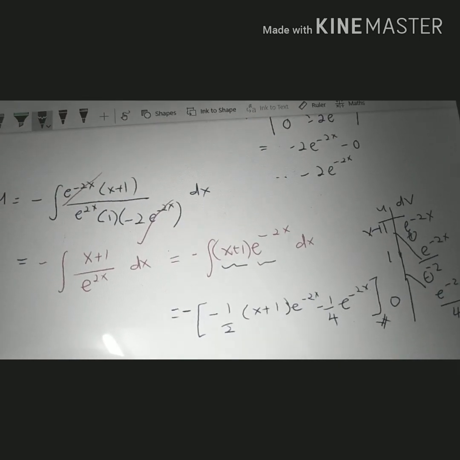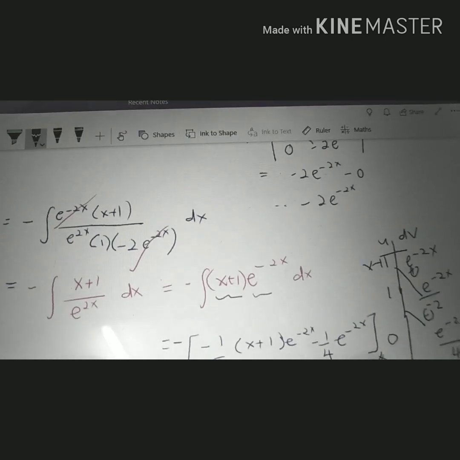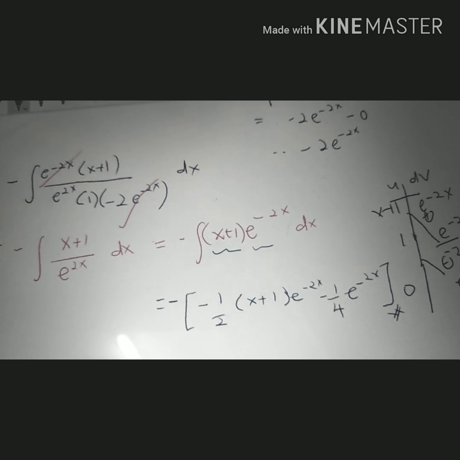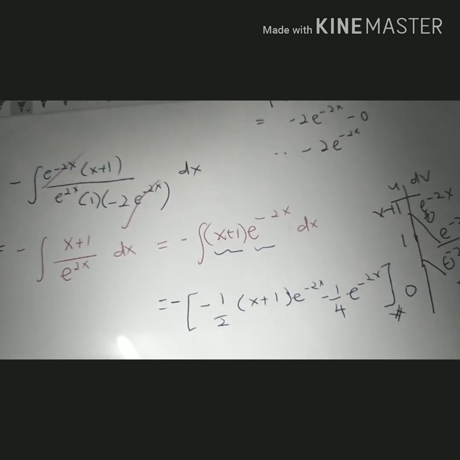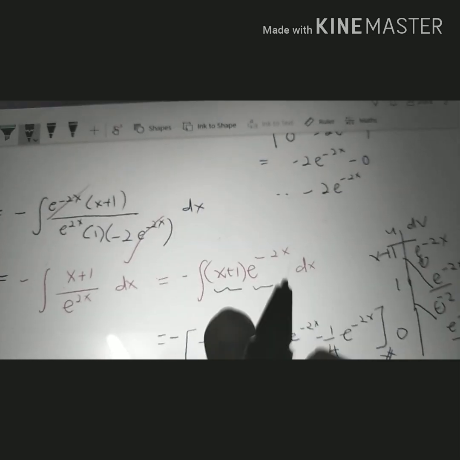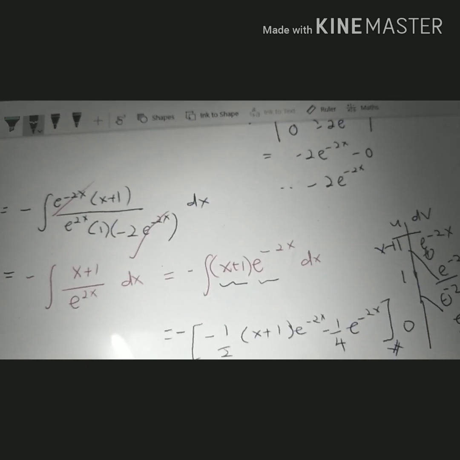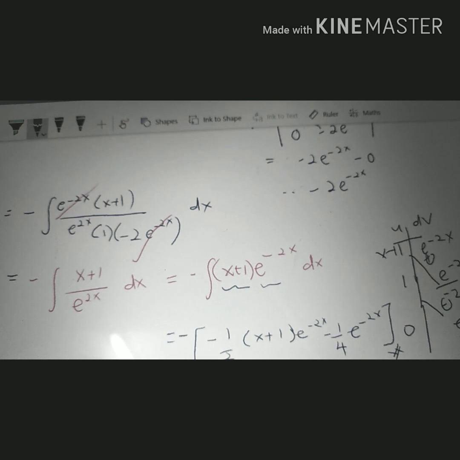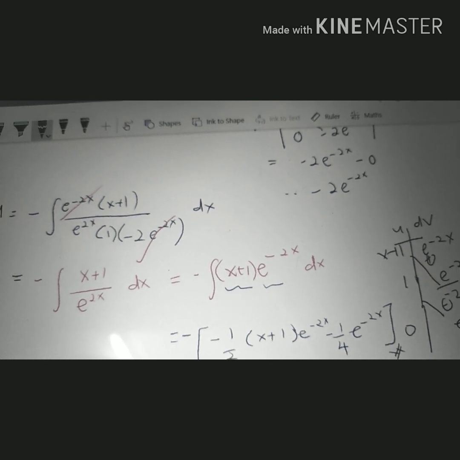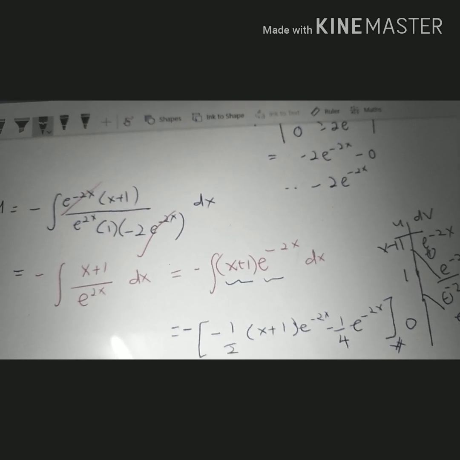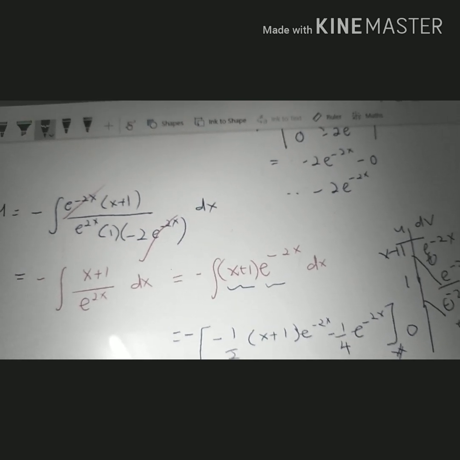What about your v? v is given by y1. y1 is 1. This is my y1 multiplied by my f(x). f(x) is (x plus 1) over e to the x, over a, and your Wronskian is negative 2 e to the negative 2x, dx.